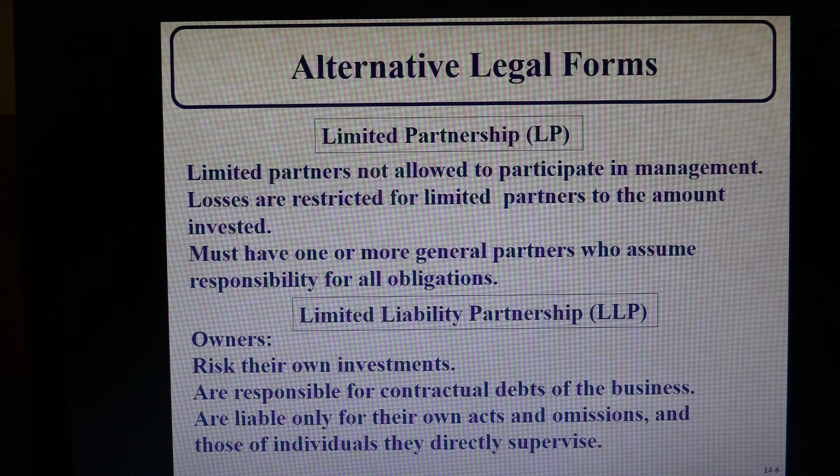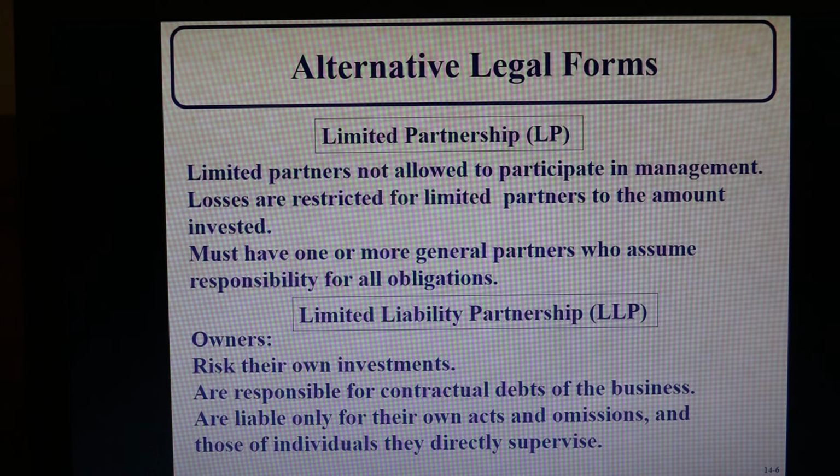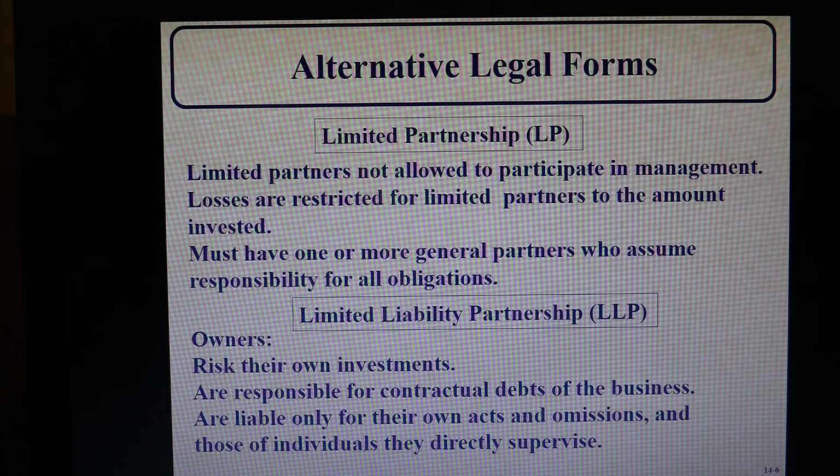Certainly they are responsible for the contractual debts of the business, but the nice thing is that they're liable only for their own acts or omissions and those of people that they directly supervise.